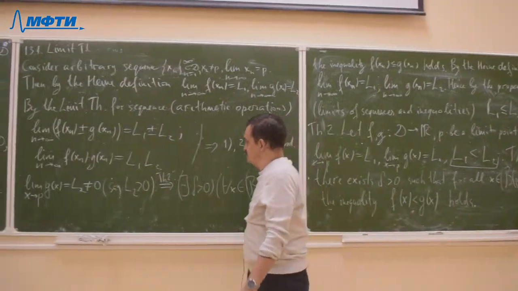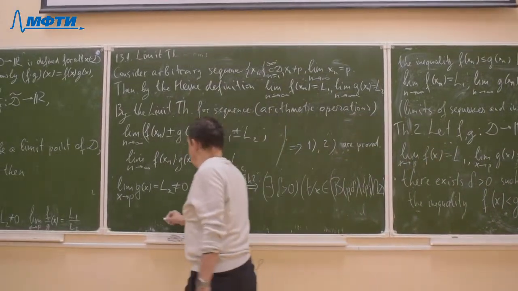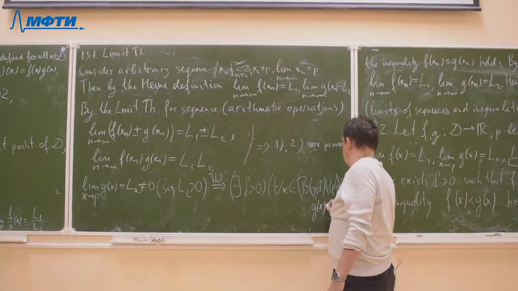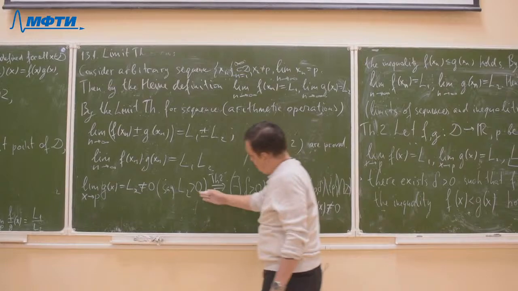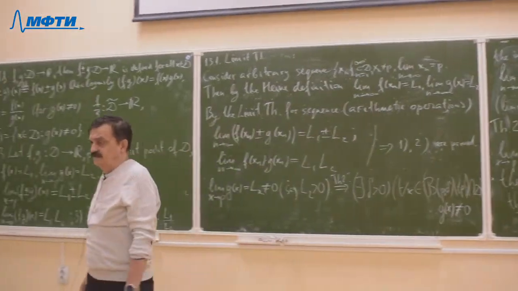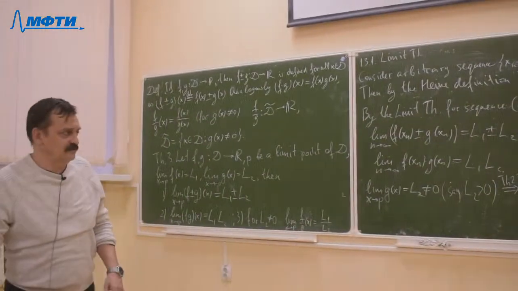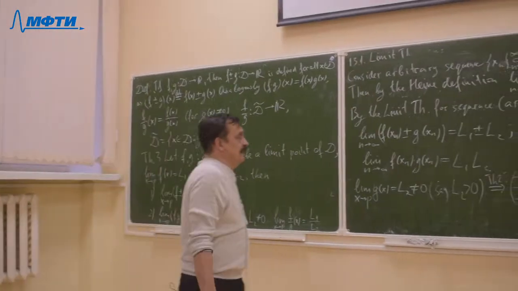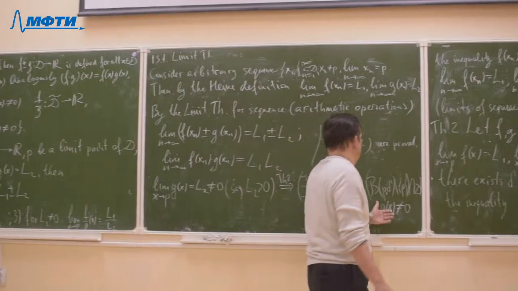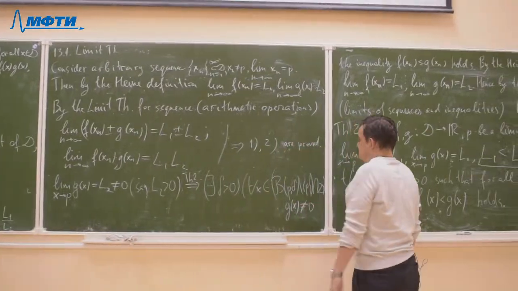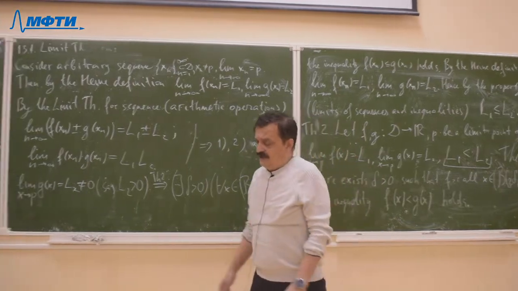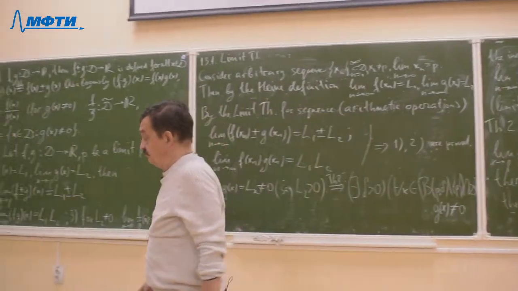So it means g of x is not 0. Here it will be greater, and for L2 smaller than 0, g of x is smaller than 0. So in any case, we have this inequality, g of x is never 0 for all x from a punctured neighborhood of P.